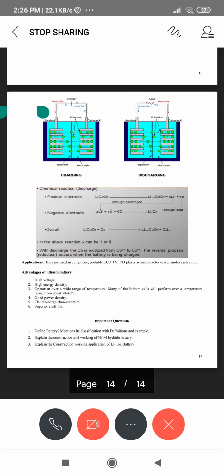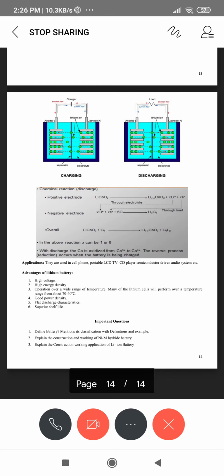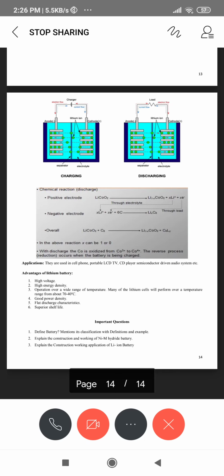You can see the numerical problem. Every day you can practice the numerical problems and get the exact answer. That is easy for scoring marks. That is in the first module, the first and second question. Attend any one, either of two or one, so you can get the marks.